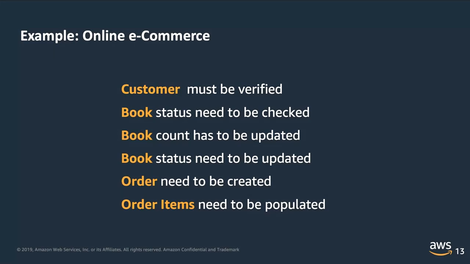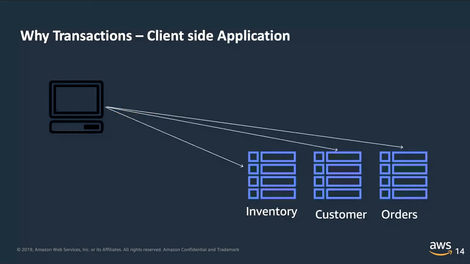So one way to do this, as I said, was you write all this client-side logic: read from the inventory table, find out the number of books, read from the inventory table, find out the number of pens that you have, write to the inventory table that I'm going to execute this operation, make a check to the customers table. You can do all these operations in sequence on the client side.